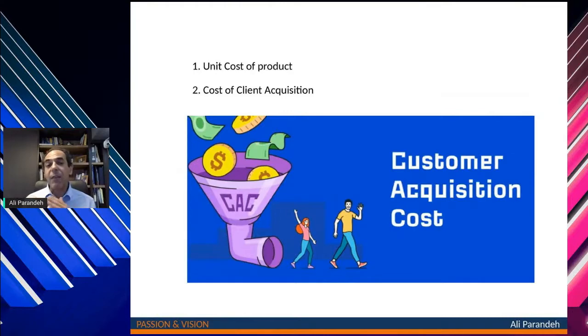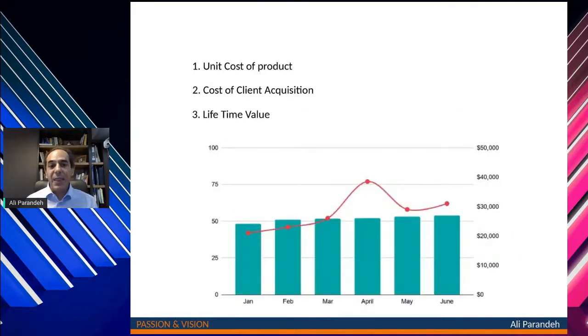So it could take anything from 3 months to 9 months for a customer to sign a contract, and we may need to pay commissions and introduction fees to different people. So although the cost is high, it becomes irrelevant, because then we look at how much we're making from that client. And that is where we come to lifetime value.